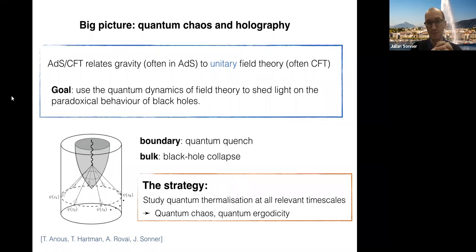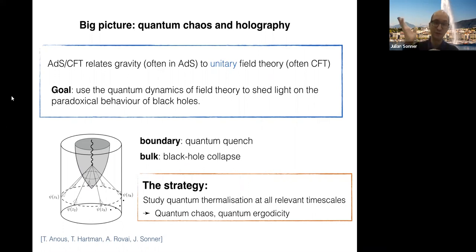In other words, you prepare a quench type setup. And that is supposed to correspond in the bulk to an initial state which doesn't contain a black hole, but which then as a function of time has a collapsing shell of matter and develops a bulk black hole with all of the features that we want, like horizons and singularities and so on.